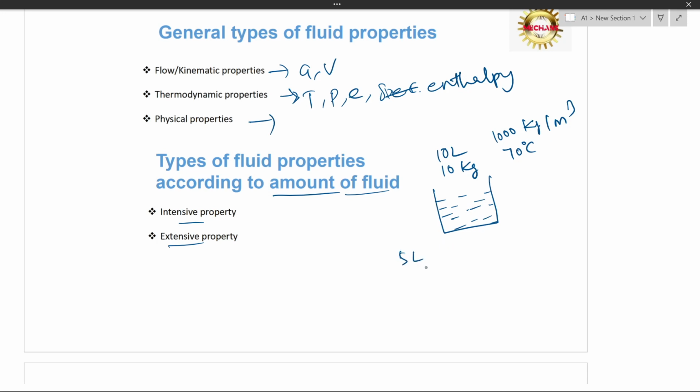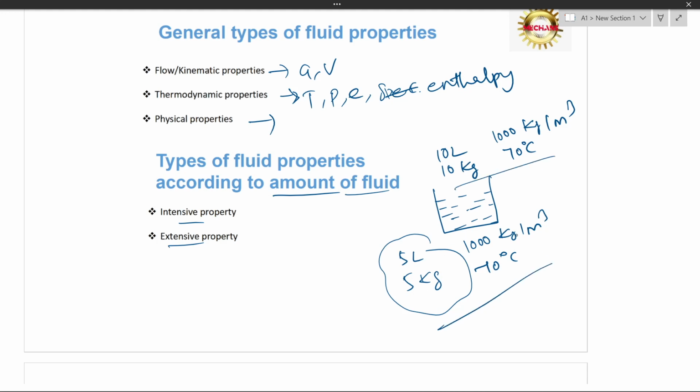Then your volume would be reduced to 5 liters and weight reduced to 5 kg, but the density would remain constant, kilogram per meter cube, and temperature would remain constant. So from these observations, if you consider both the initial and final states, we can see that volume and weight changed because the amount of fluid reduced, but these properties remain the same. So these properties are called intensive properties. These properties are called extensive properties.